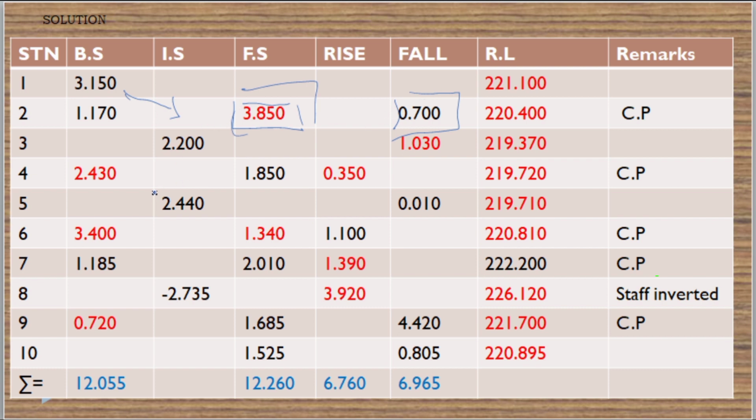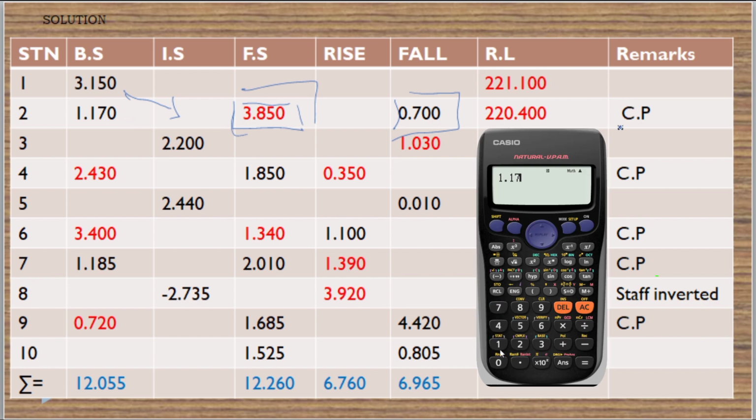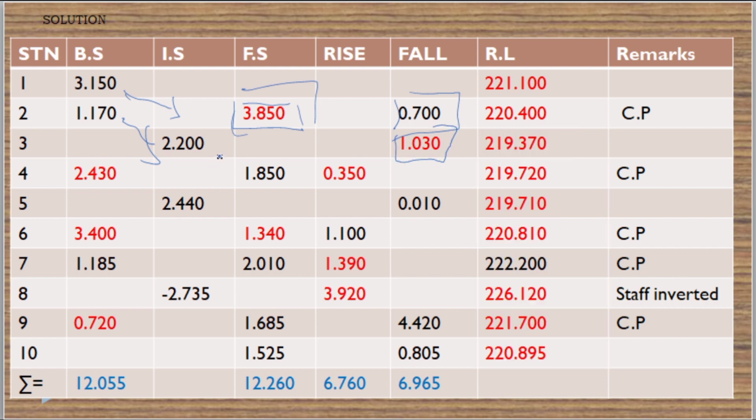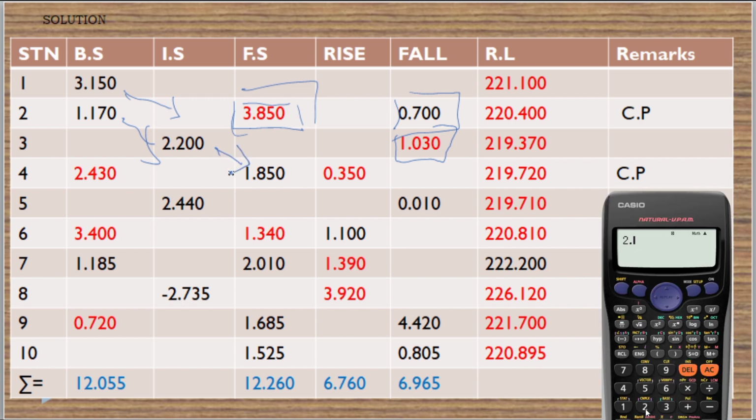Then our second missing data, so there we had a change point. So we have the first reading again minus the second reading, getting a negative 1.03. Then we have the second reading minus the third reading, which is the last reading on that positioning of the instrument, getting a positive 0.35.